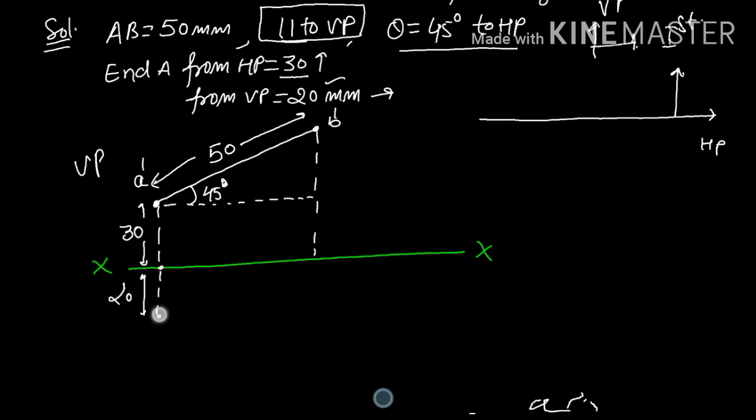Since the line is parallel to VP, we will show the line parallel to the x axis in HP. So this is my A dash and B dash. So this is the solution of my problem.